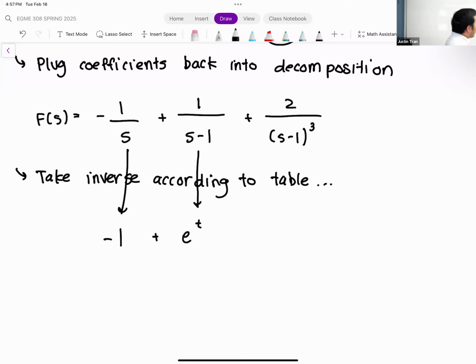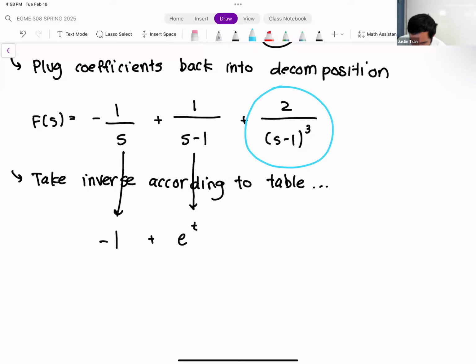Right, so the first two terms, you take the inverse. Those are very straightforward. That last term there might look a little bit intimidating, but if we remember our first shifting theorem, then this one actually is pretty easy. Because what does this look like? If you look at this term, this is very similar to something that's in the table, which is 2/s². So this expression is in the table.